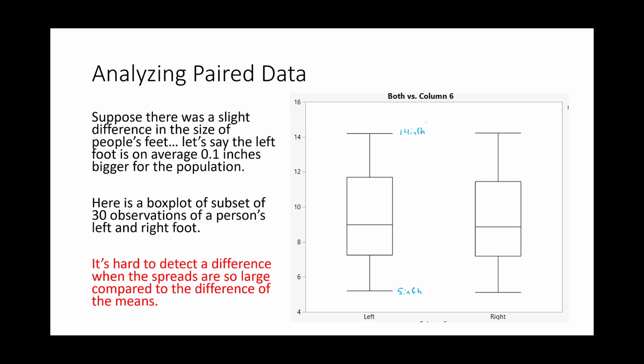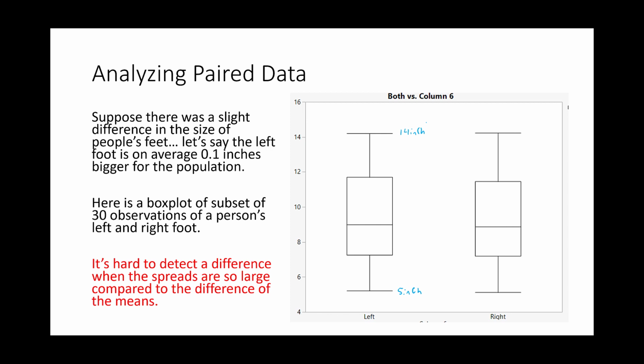That's a span of 9 inches. And the difference between left feet and right feet is only 0.1 inch. So that difference is very small in comparison to the spread of your data. And if that's the case, it's very hard to detect differences in means when you have a small difference in your data sets compared to the spread of your data.